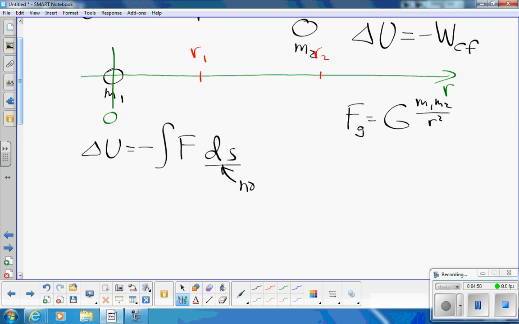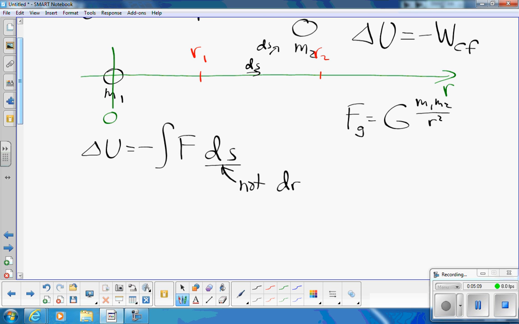I'm not putting dr there because the ds vector, if I move it straight from R1 to R2, one of the little ds steps is along the r-axis, but if I'm moving it off of the axis, the ds could be in that direction.